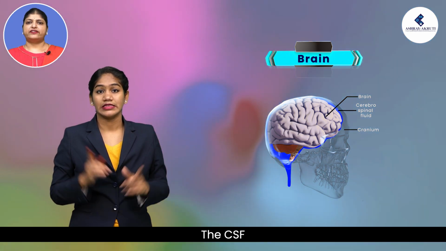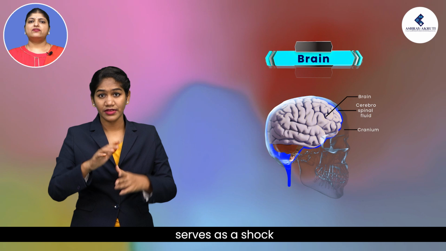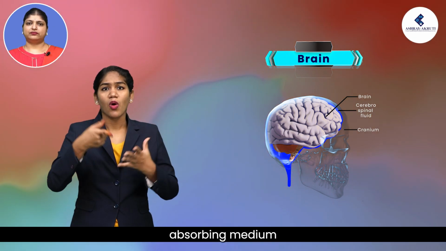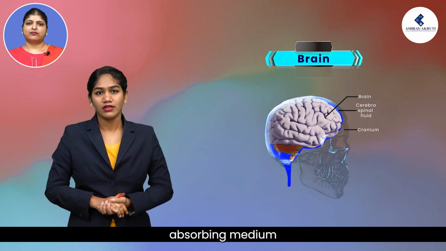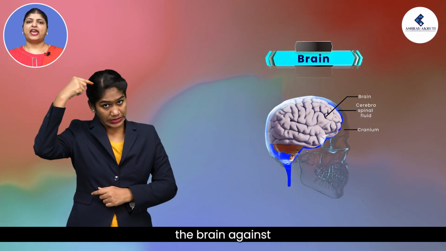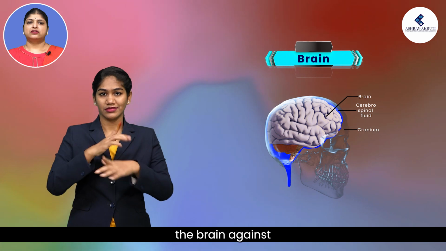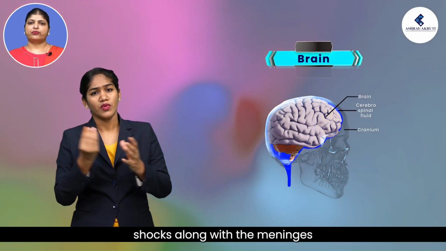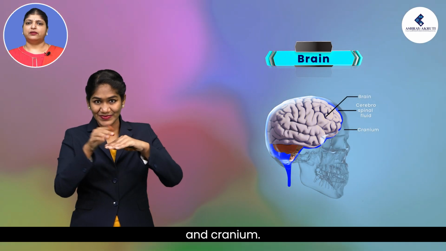The CSF serves as a shock absorbing medium and protects the brain against shocks along with the meninges and cranium.